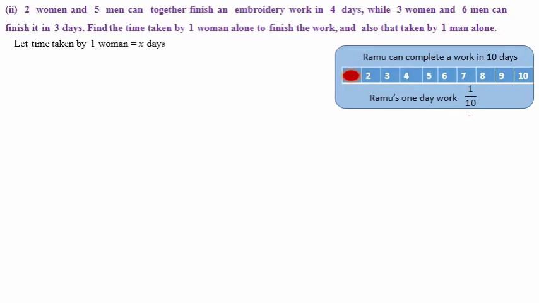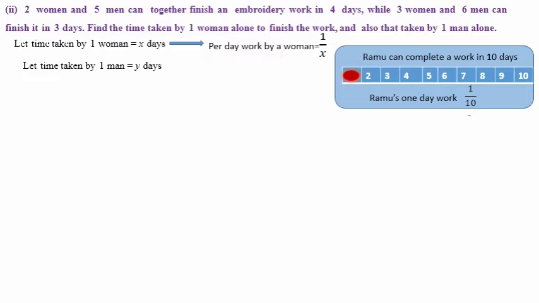Now we shall go for assumptions. Time taken by 1 woman, that is what we have to calculate, we take as x. Then time taken by 1 man, we assume as y. From these two assumptions we go for their 1 day work.